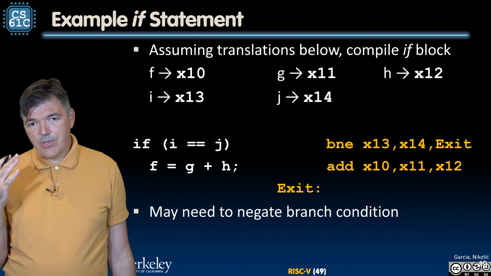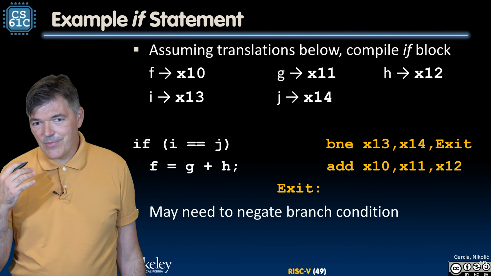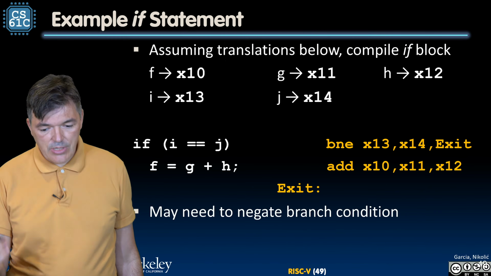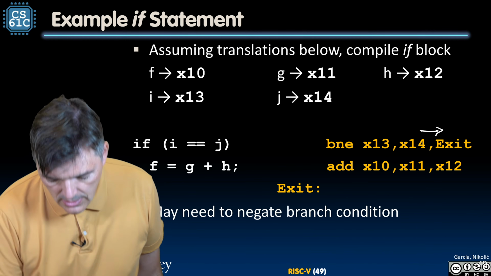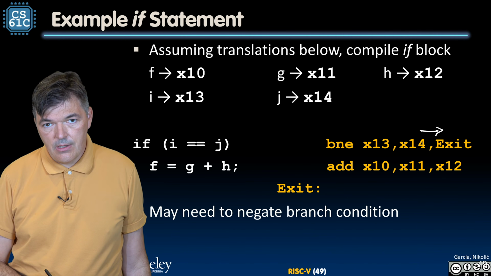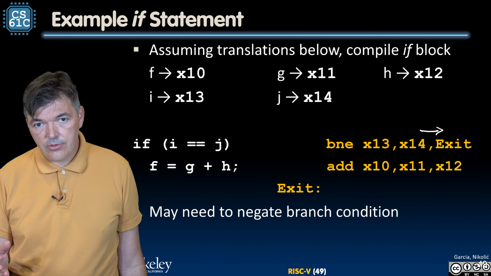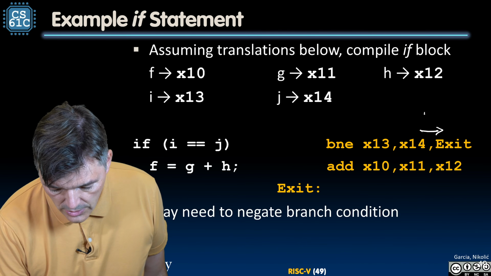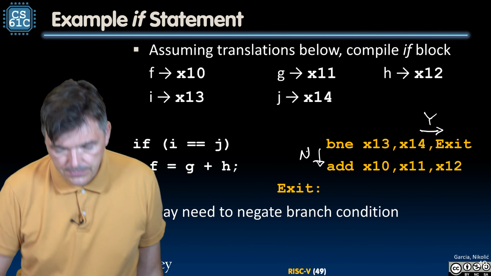It makes sense, because if you think about how the flow of execution goes here, this is what happens. If BNE, branch if not equal, if the contents of the registers are not equal, we'll go this way. If it is not true, we'll go down.